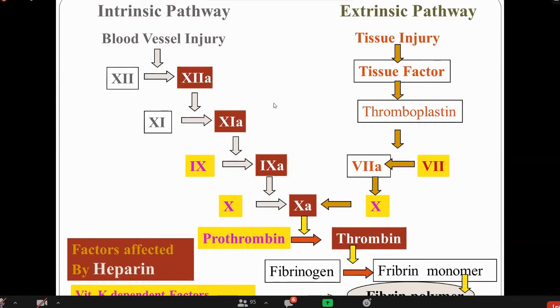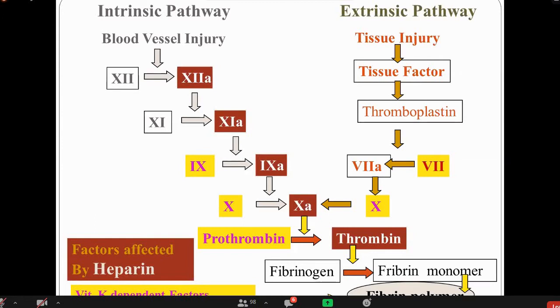But what is important is that ultimately, the purpose of the extrinsic pathway is to activate factor 10. And in the intrinsic pathway, you can see again the activation of factor 10, right? So whether intrinsic or extrinsic, this is why it is called the common pathway. Both are responsible for activating factor 10.